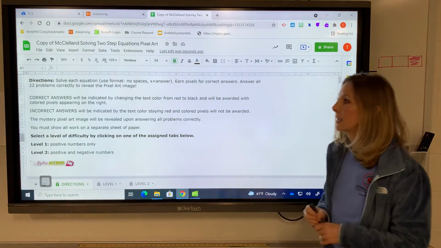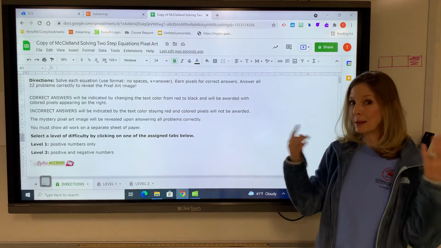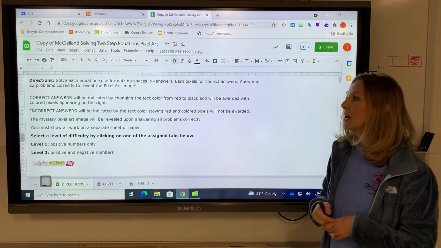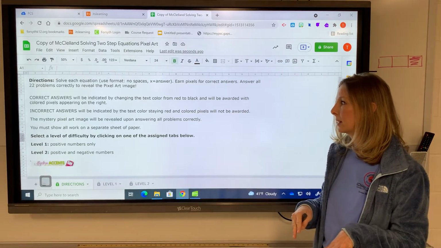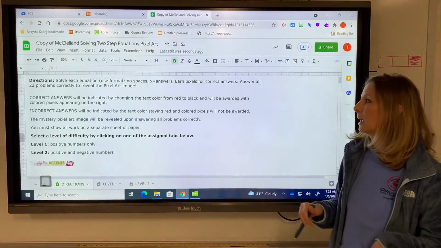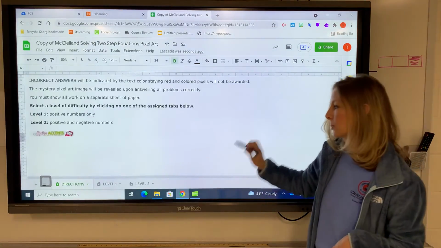So it tells you that you're going to be solving each equation, and you will get these pixels on this picture for your correct answer. Your correct answer, when you first type it in, it's going to change colors from red to black, and you will get colored pixels on the right.